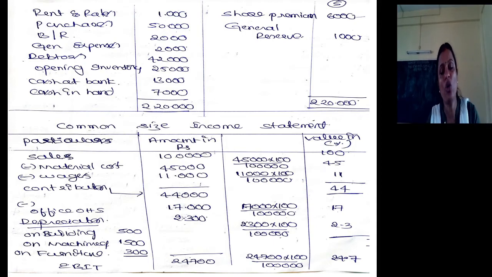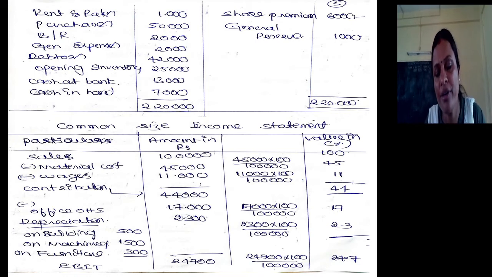Then total office overhead is 17% of sales, depreciation is 2.3% of sales. So contribution minus office overhead minus depreciation will arrive at the operating profit, which is 24.7% of sales. So the operating profit of the organization is 24.7% of sales, as sales is considered as 100. So this is how to prepare a common size income statement.